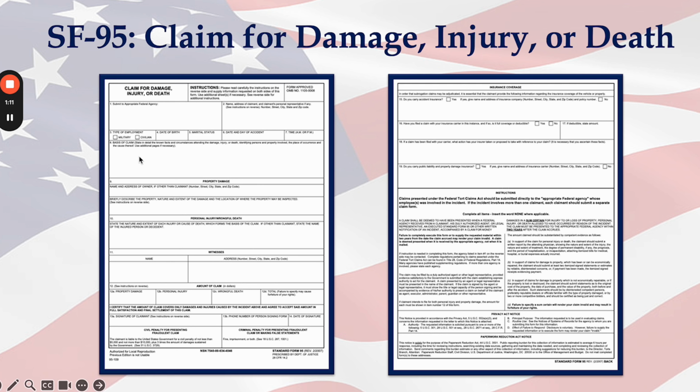Really, for both of those, you can just say see attached, and then have an attachment that answers those questions. You don't need to break out the questions separately. You just have to have a narrative that describes what happened in as much detail as possible, and what the injuries were with as much detail as possible.